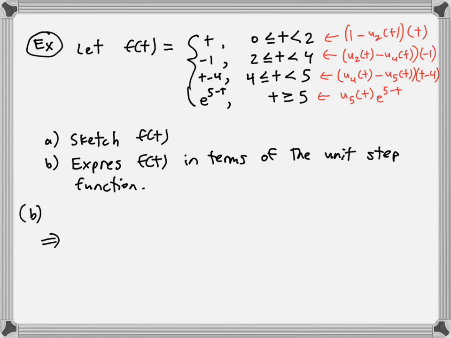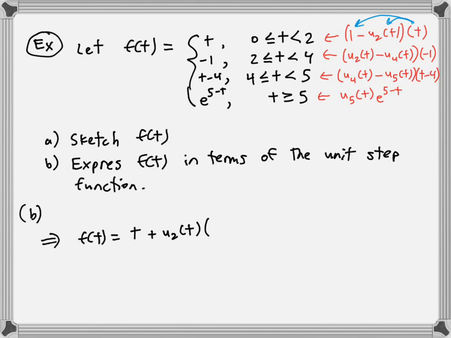We get f of t is equal to, so what do we get first? So think about it. I'm actually going to distribute over here. Let me use blue. So I'm going to distribute this guy first to both of these. So then here's what I get. I get t and then plus, so here's u2 of t. And what am I going to have? What's the coefficient of u2 of t?